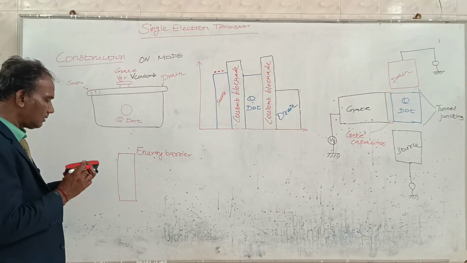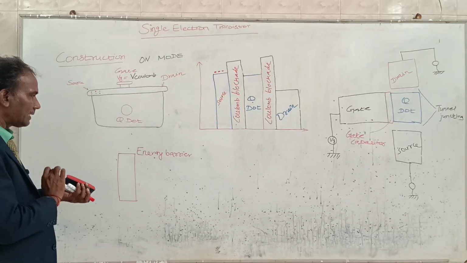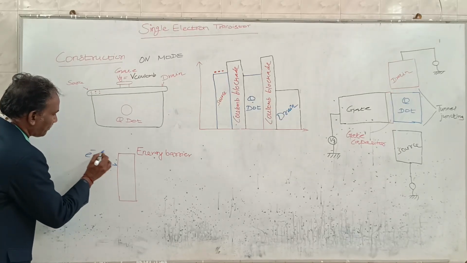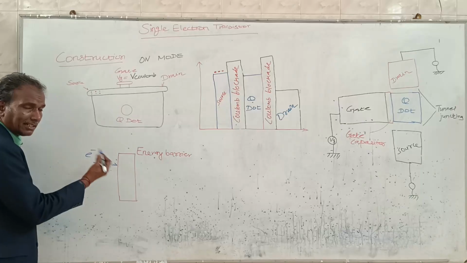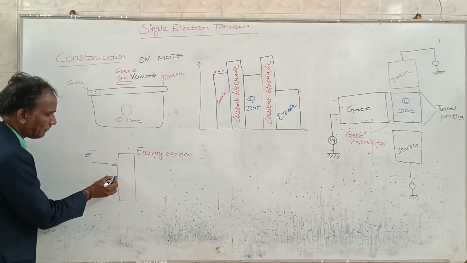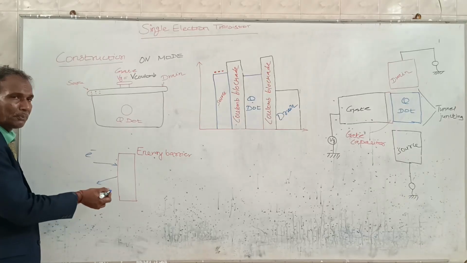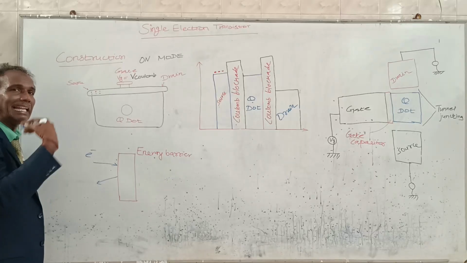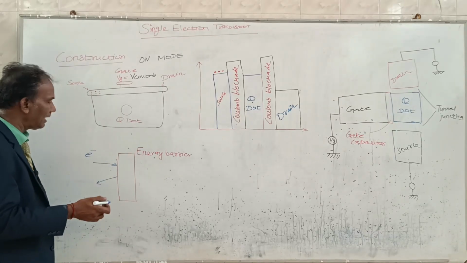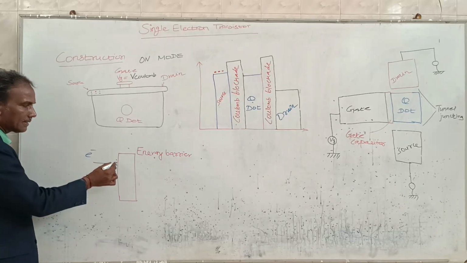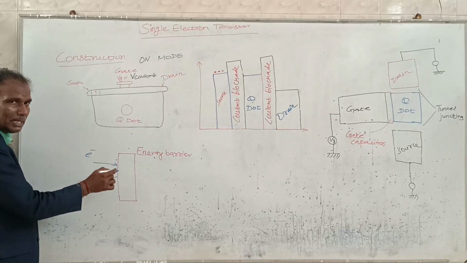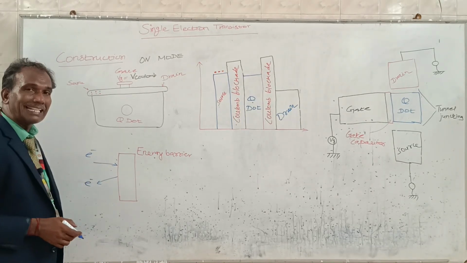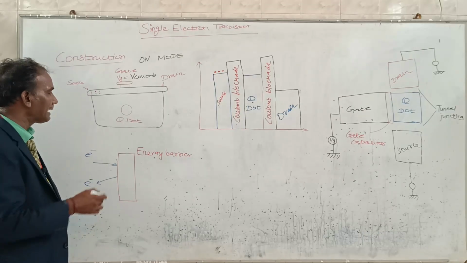When the electron moves towards the energy barrier, when the electron hits the energy barrier, it will be reflected back, bounce off from the energy barrier, similar to when a ball hits a wall, it will immediately bounce off. Like that, when the electron hits the energy barrier, it will be reflected back because the electron exhibits its particle nature according to the classical view.